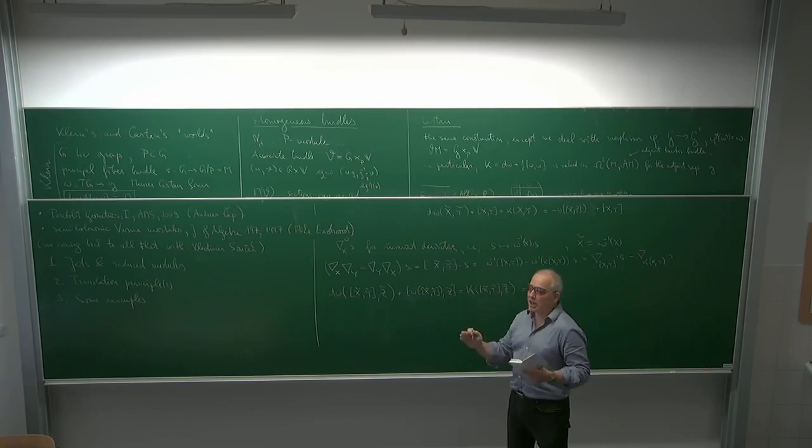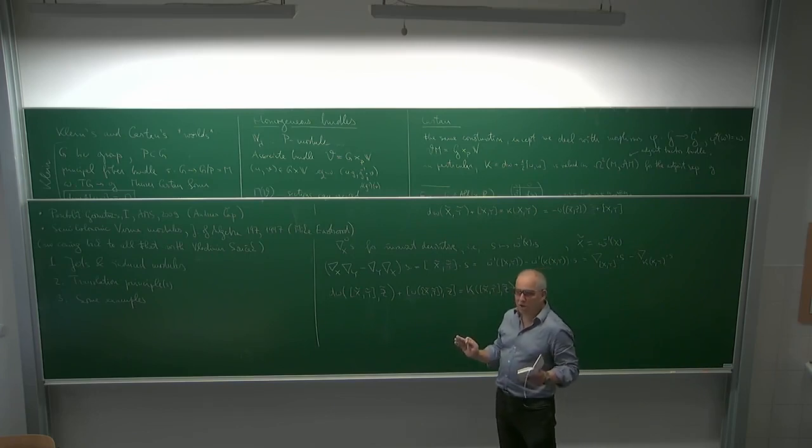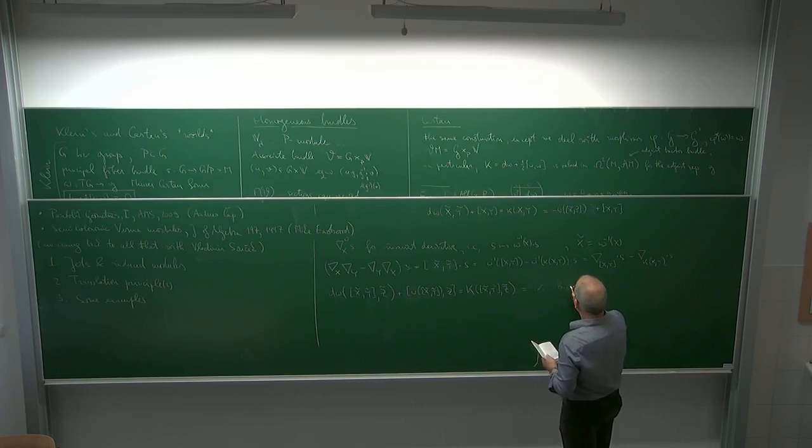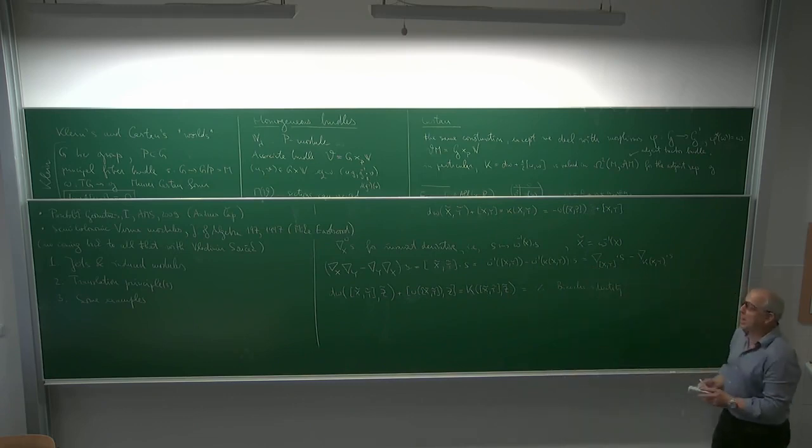So if we take a cyclic sum, it disappears by the Jacobi identity on vector fields or Lie algebras. And then there will be what remains in the so-called Bianchi identity. And it's really absolutely straightforward. So even I was able to do the computation in a few minutes.